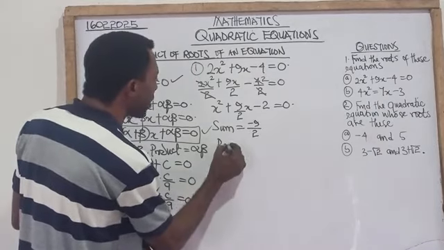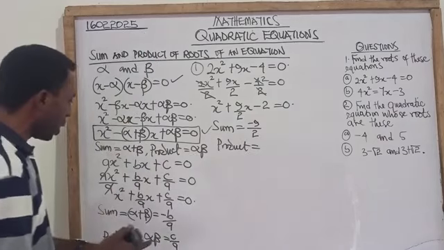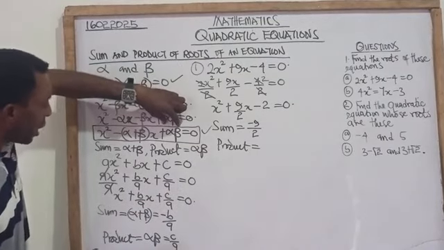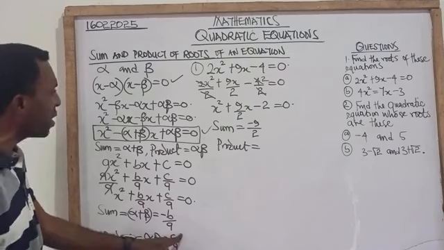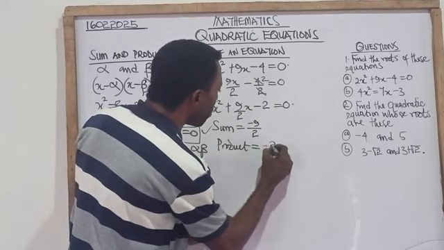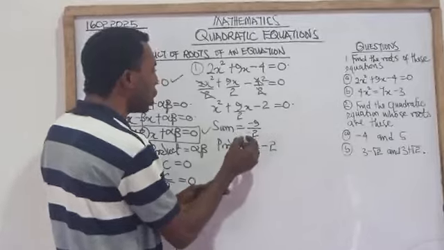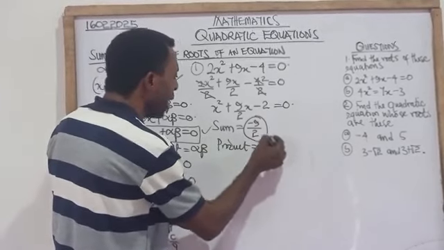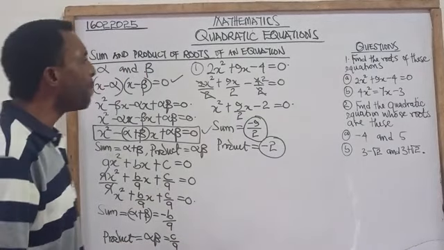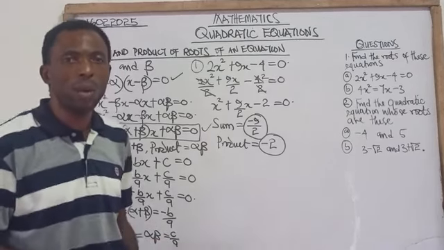Then the product is alpha beta, which is the constant value, the same thing as c over a, and our answer is minus 2. So these are the two roots of the equation: minus 9 over 2 and minus 2. That is for that one.